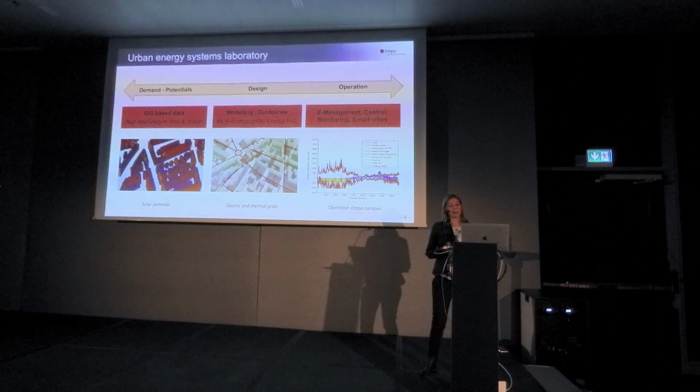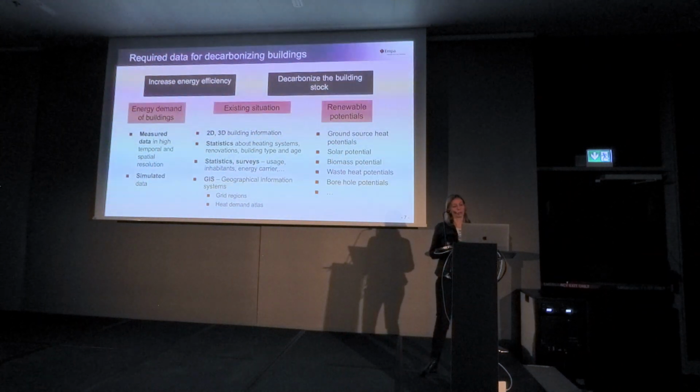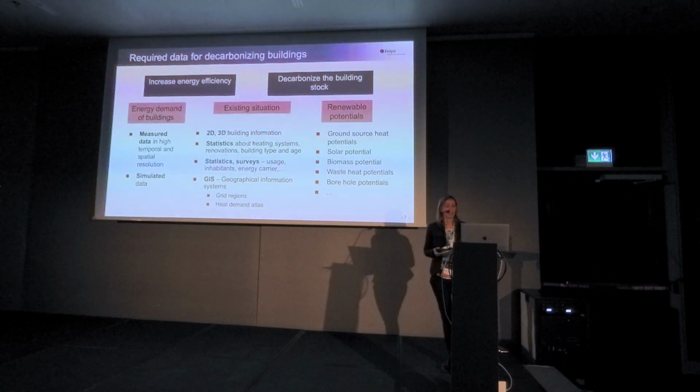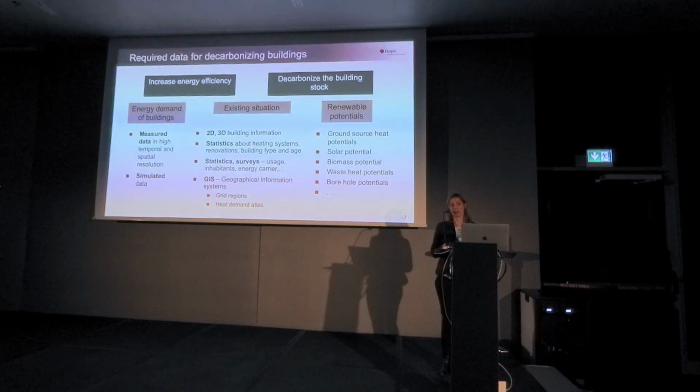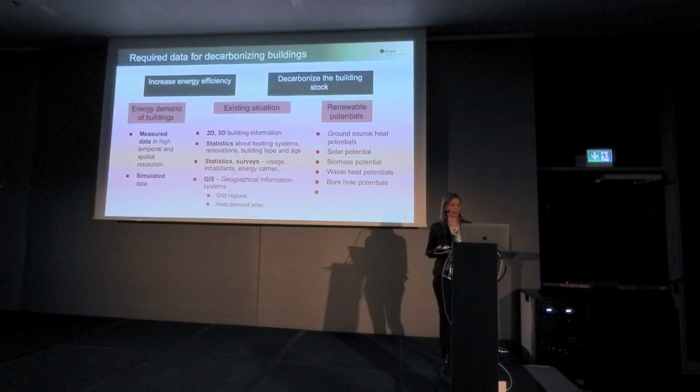So if we go back to our buildings and we want to address these different things, what do we need? We need a lot of data. One is that we need to know the energy consumption of buildings. This can be either measured data in very high resolution or simulated data if we don't have this measured data. We need to know a lot about the existing situation, such as the 3D or 2D building information.